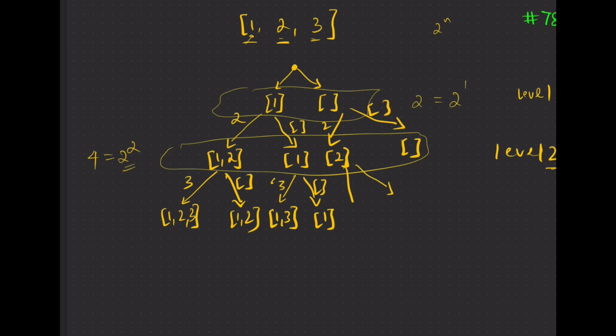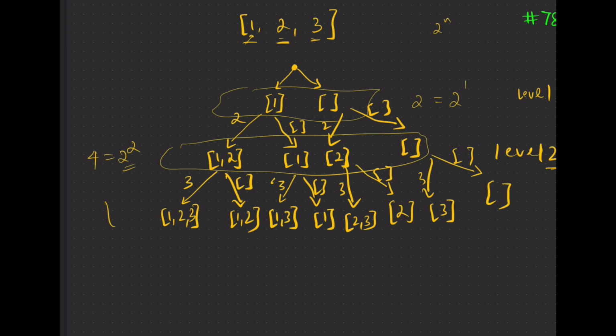Let's take a look at this. We have a choice to add 3 or nothing. This would become 2, 3, and this would yield us only 2. And again, at this point, we have a choice of adding nothing or adding a 3 again. If we choose to add a 3, we would get a 3. If nothing, it just remains nothing.